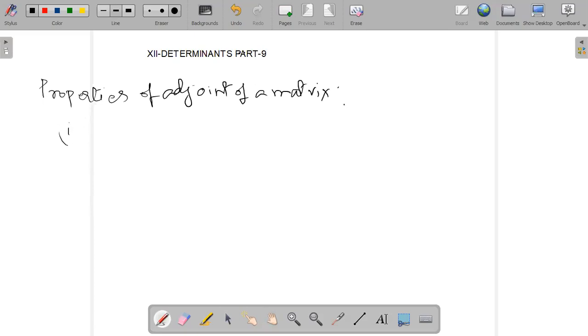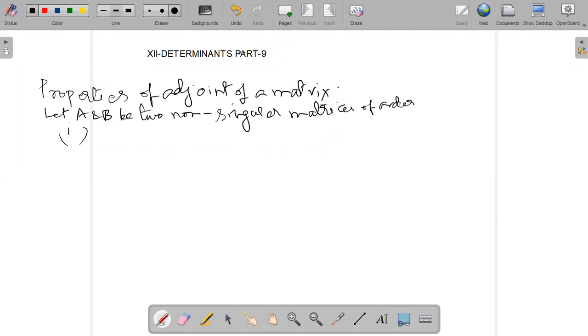First property: let A and B be two non-singular matrices of order n.